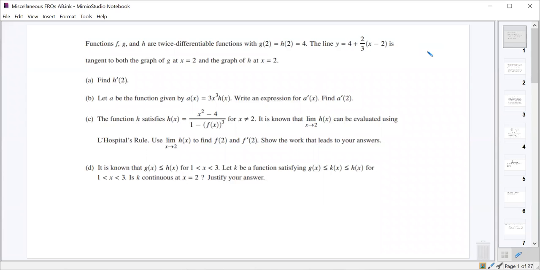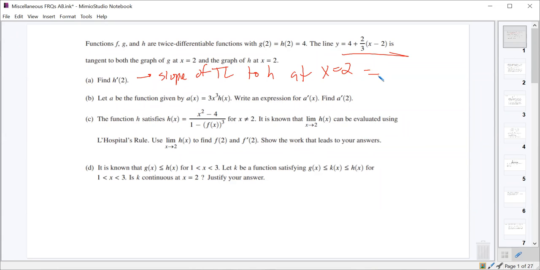All right, part A, find h prime of 2. Okay, let's see here. The functions f, g, and h are twice differentiable. g of 2 is h of 2, which is 4. And then y equals 4 plus 2/3 times (x minus 2) is tangent to both g and h at x equals 2. Well, if this line is tangent to h at x equals 2, then what is h prime of 2? h prime of 2 is just the slope of the tangent line to h at x equals 2, isn't it?